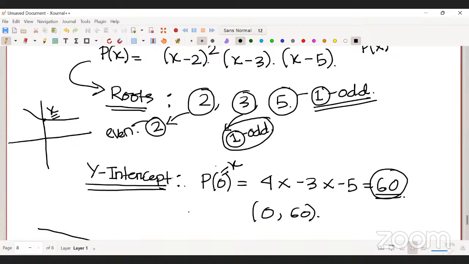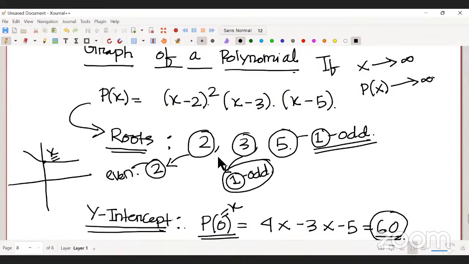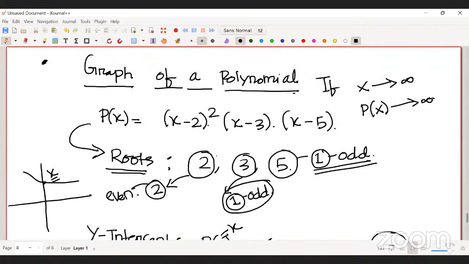So once you substitute x equal to 0 in your polynomial, what we have done here is calculated p of 0. If I substitute x equal to 0 in my polynomial, then I will get a value of y. So p of 0 is precisely your y-intercept.